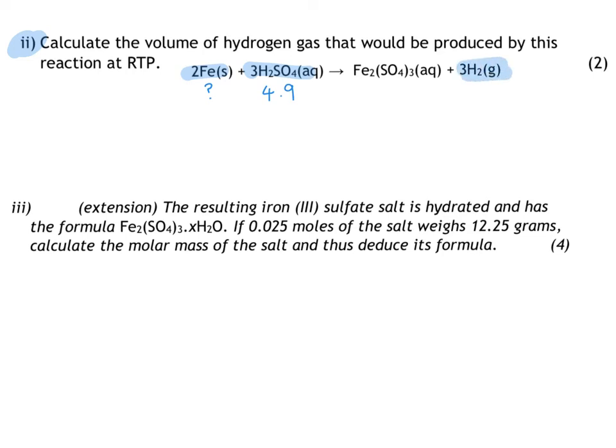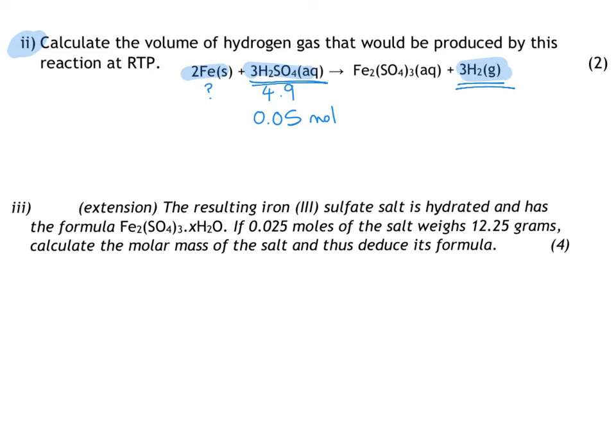In the previous question, I worked out the moles of sulfuric acid, and I also worked out the moles of iron. So I know already that 4.9 grams of sulfuric acid is 0.05 moles. I'm going to use that value because it's easier, because there are 3 moles of sulfuric acid to 3 moles of hydrogen, so they are a 1-to-1 ratio.